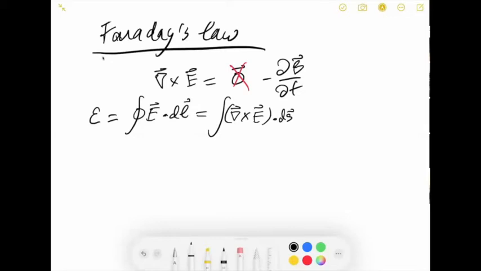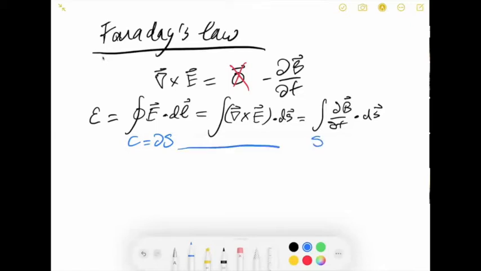And now the curl of E, according to Faraday's law, is minus dB dt. So we get a minus dB dt dotted with dS. As usual, this is the edge of the contour, which is the edge of that surface S, and that's the surface S. And these are of course related.